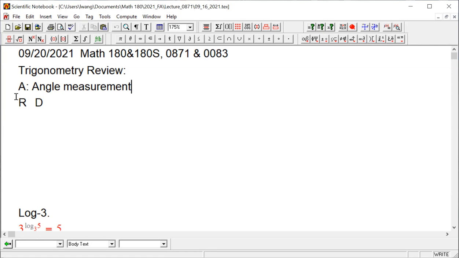The second one is called reference angle. The last one, last but not least, is definition. These 3 elements are the essentials of trigonometry. Let's talk about the first one.